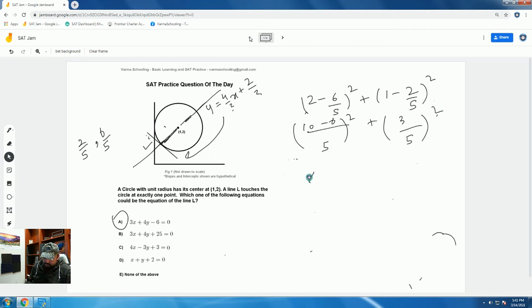So it's 4 squared by 5 squared plus 3 squared by 5 squared. Now we're looking at the triplets. So you add this together, 4 squared plus 3 squared equals 5 squared.